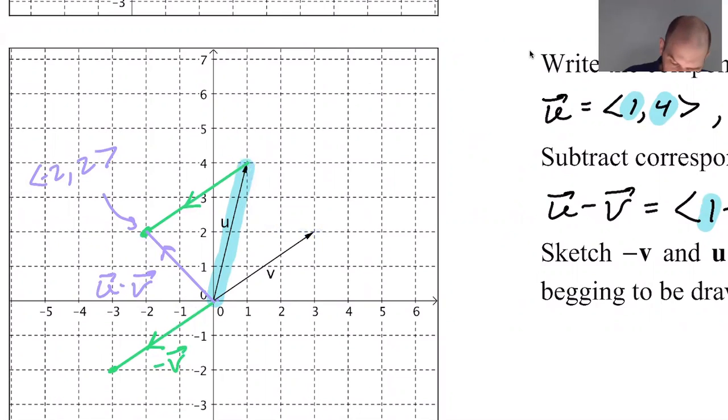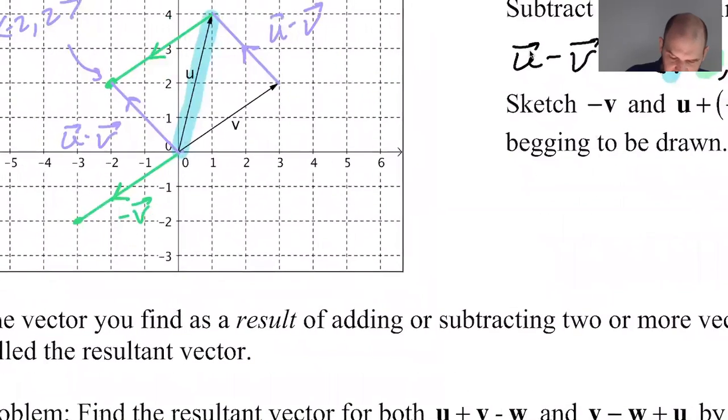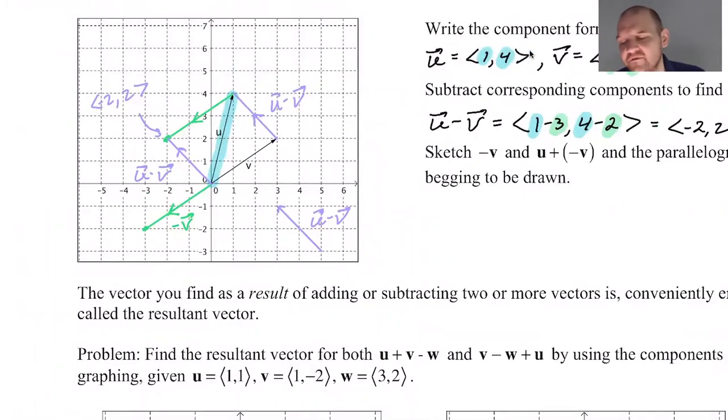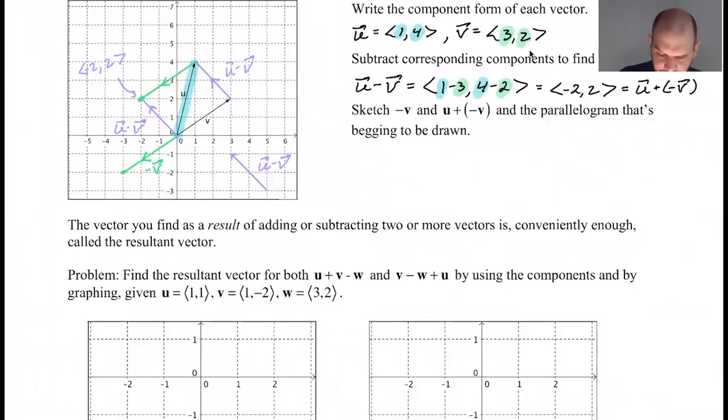Remember, it doesn't matter where you draw this vector, it's still the same vector. So this is also u minus v, and so is this, because it's also 2 to the left and 2 up. However you like to do that, it doesn't really matter.